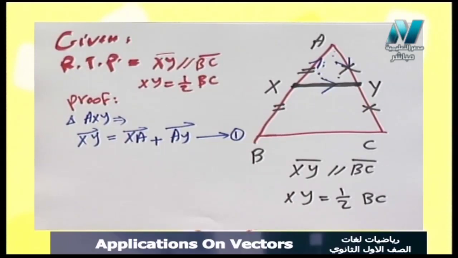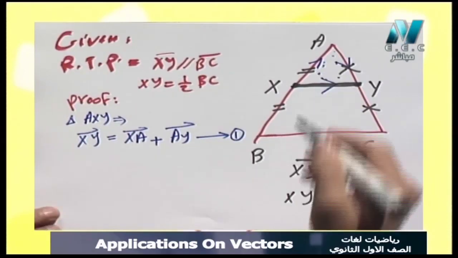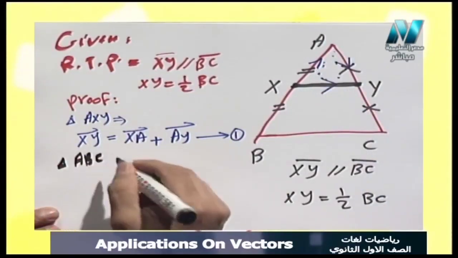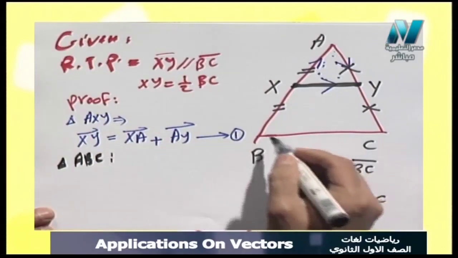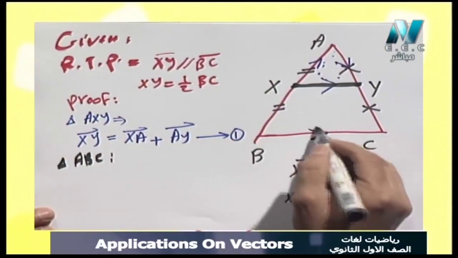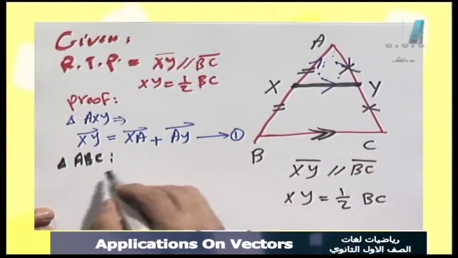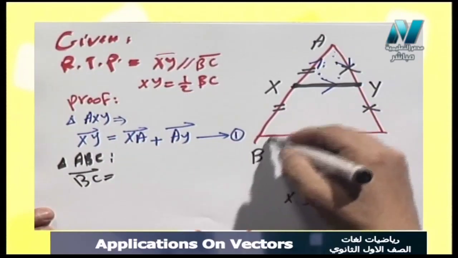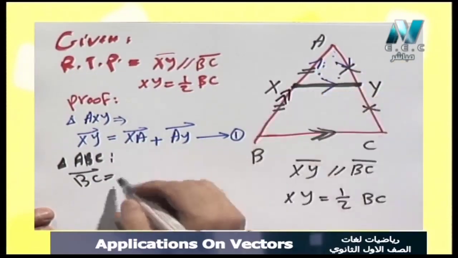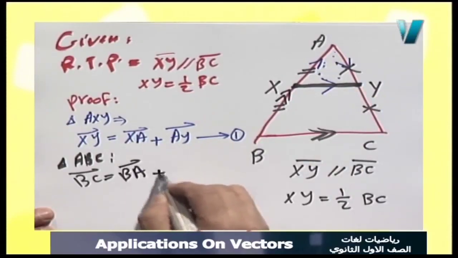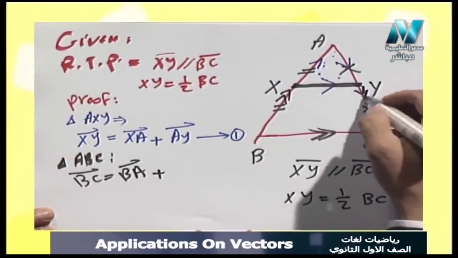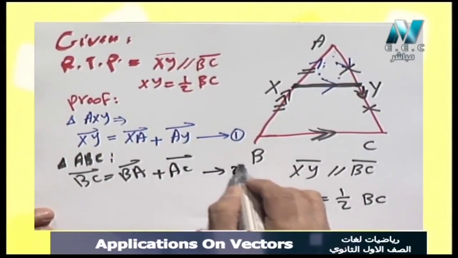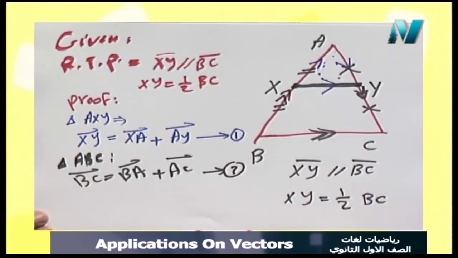And in the second triangle, which is the big triangle ABC here, we will concentrate on BC. So the vector BC here equals the vector BA plus the vector AC, and this is equation number 2.